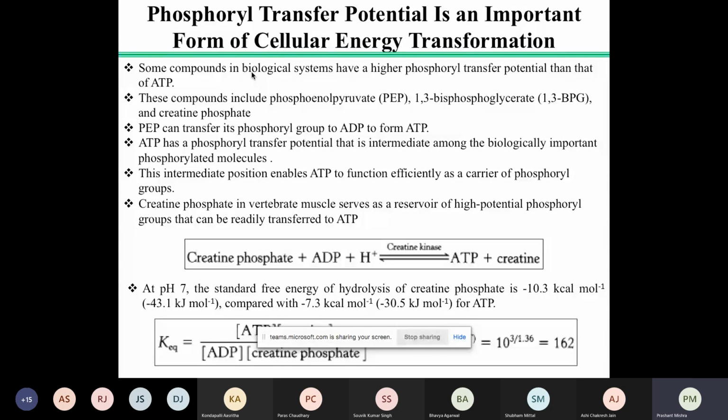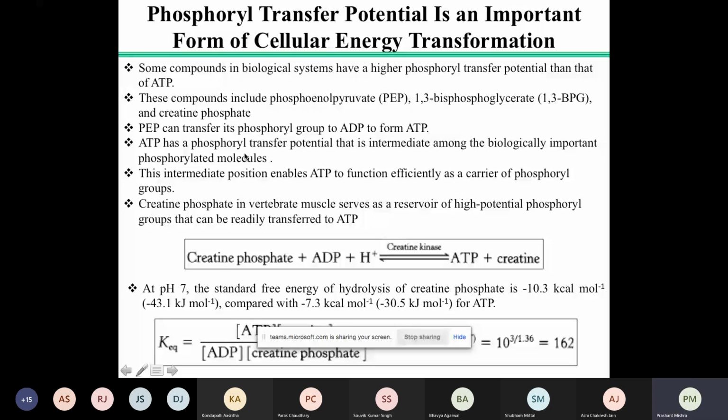I will talk later about what substrate level phosphorylation is. That means the substrate has a higher energy so that ATP can be produced. So these three molecules are typical: phosphoenol pyruvate, 1,3-BPG and creatine phosphate. These molecules can transfer their phosphoryl group to ADP to form ATP.